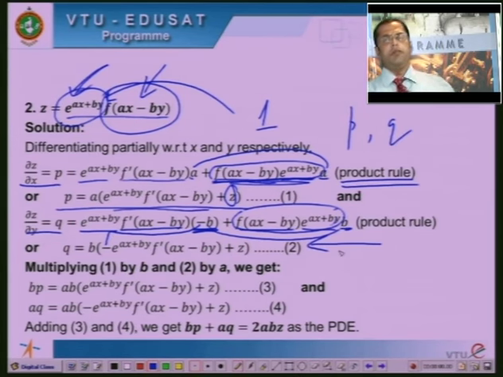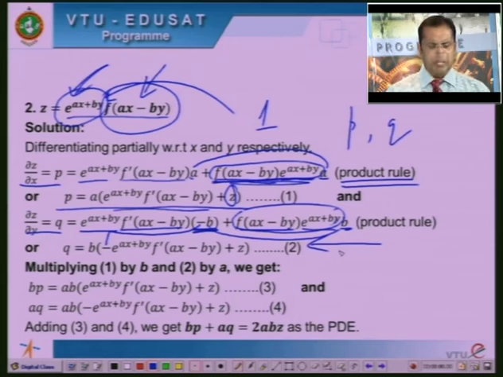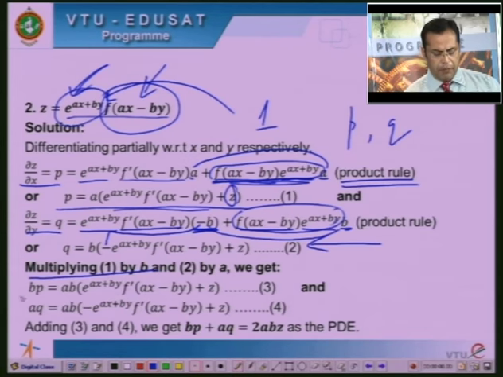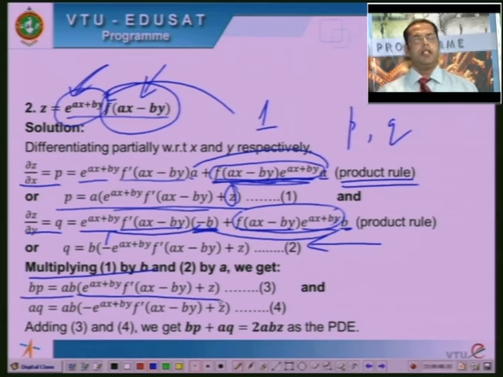Now, how to form the PDE? Multiply equation 1 by b. You get bp equal to, you have already a outside, so another b is multiplied into whatever is there in equation 1. So, it is ab e power ax plus by f dash ax minus by plus z.